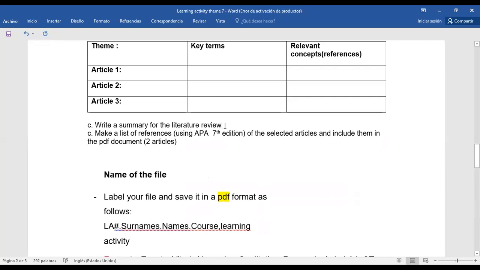So 120 words in total. One summary, not one summary per article. That is the literature review. You are going to develop a literature review based on 3 articles, okay? You need to join.